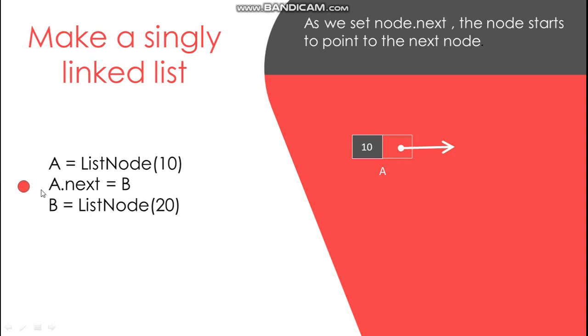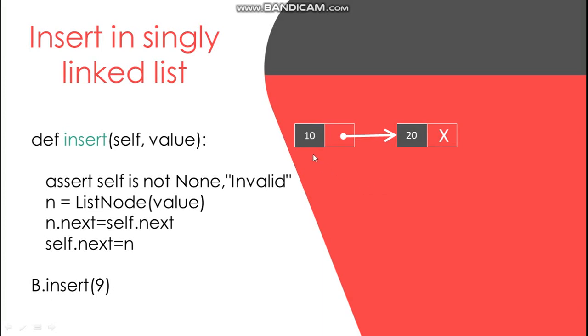We want to add another node after A, and that node is B. So we'll change A.next equals B. Then we'll define B, and the data value of B will be 20, and B will be pointing towards none. That means B is the last node of the link structure.